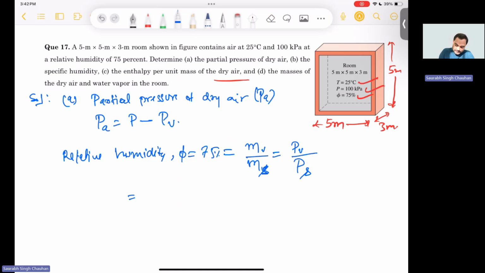So the saturation pressure at 25 degrees Celsius, we need to check from the table, right? Because it is not given in the question. So you'll have to use the table.